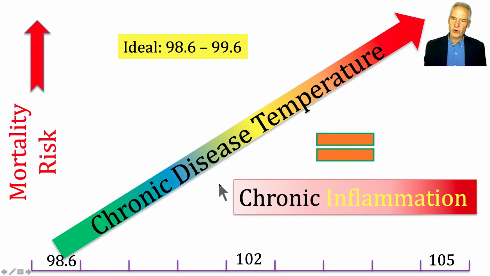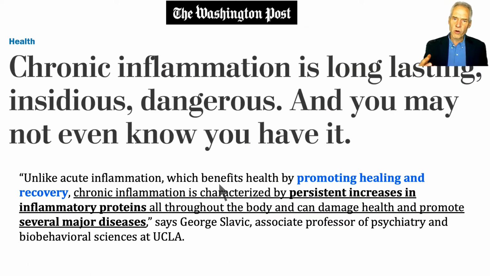Really, your chronic disease temperature is a measure of chronic or silent hidden inflammation that's constantly wearing and tearing at your body, at your tissue, particularly at your vessels, and leading to risks of disease associated with vascular risks.